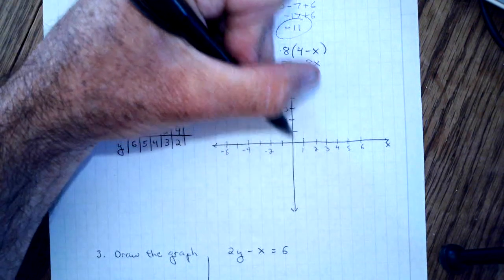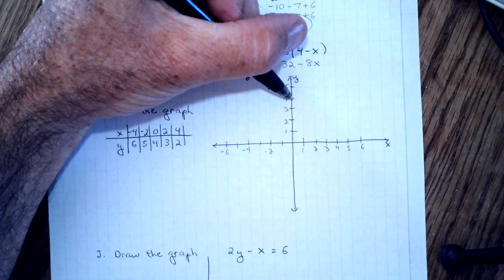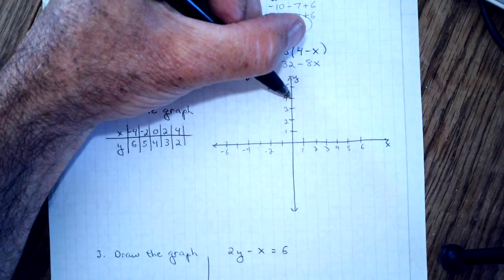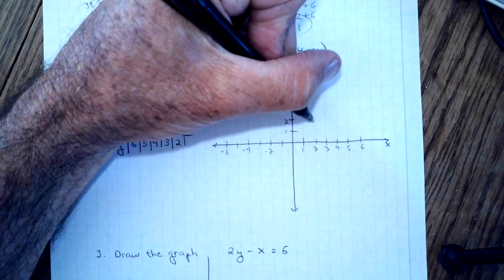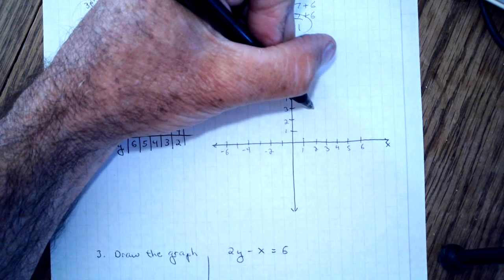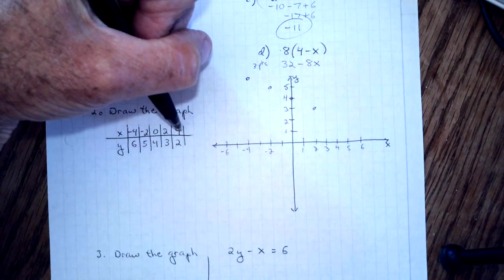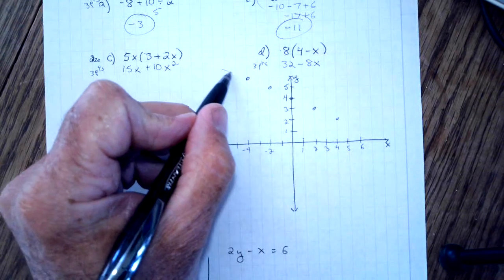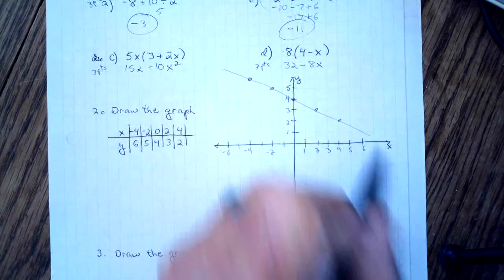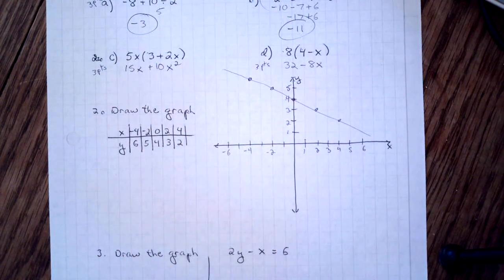And then 0 over is going to be 4 up. And then 2 is going to be 3 up. And then 4 over is 2 up. So you'll see a line that goes right like that. Okay, so that's worth 3 points if you can graph that line.